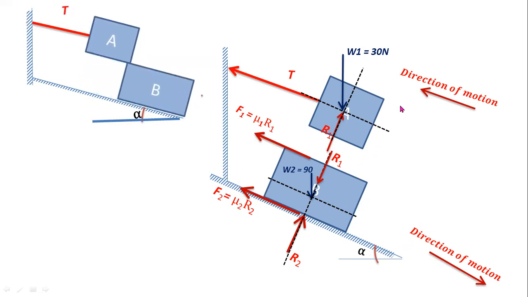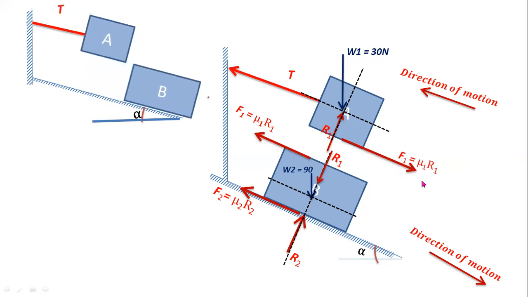Now the direction of motion of block A is upward, so you have to consider downward frictional force. Friction force and direction of motion are in opposite directions. So this is the free body diagram for this problem.